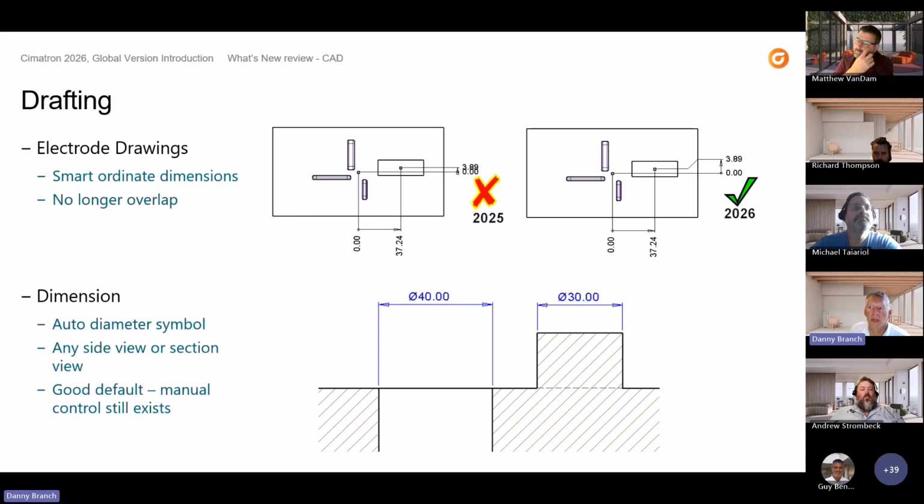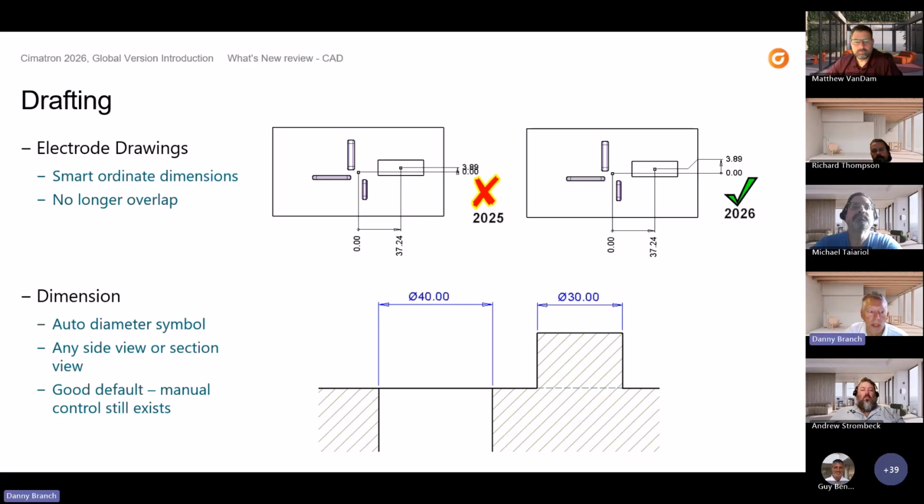Ordinate dimensions, if they're too close to each other, just move aside, they jog. But the electrode drawings didn't do that. So you'd often get something like you see on the left there, where the dimensions were stepping on each other. We were able to go in and make electrode-based ordinates a group so that they could recognize an auto space, just like they should.